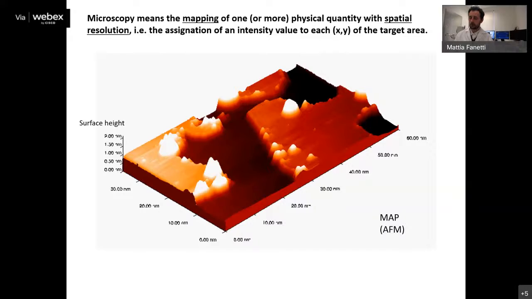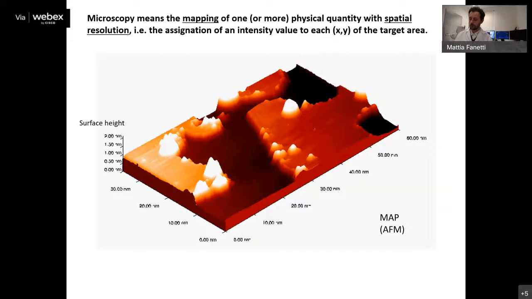A map is a data set where a given physical quantity is measured with spatial resolution, and the value of the measurement is matched with the position.